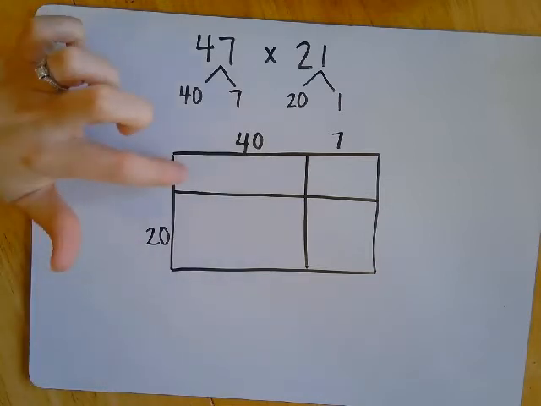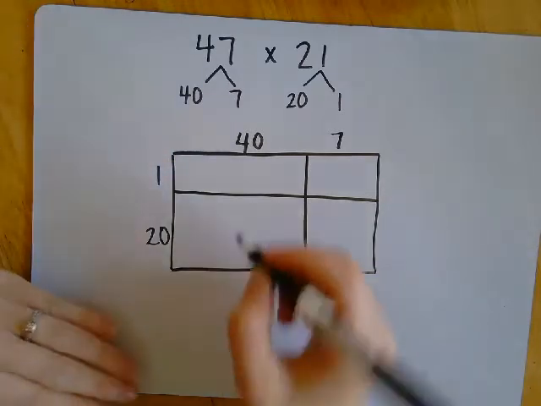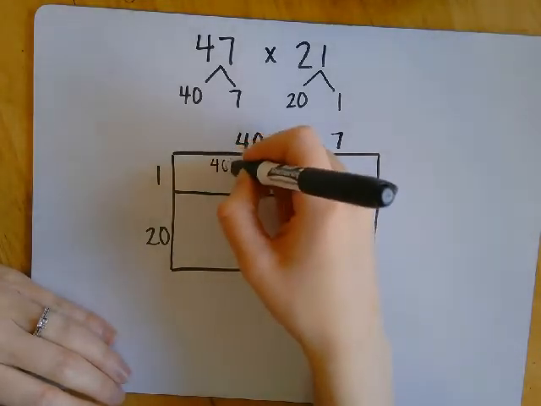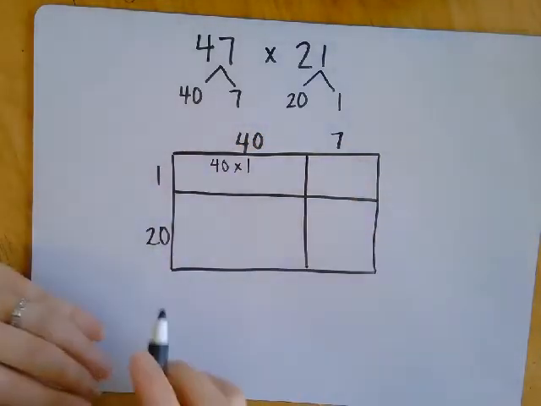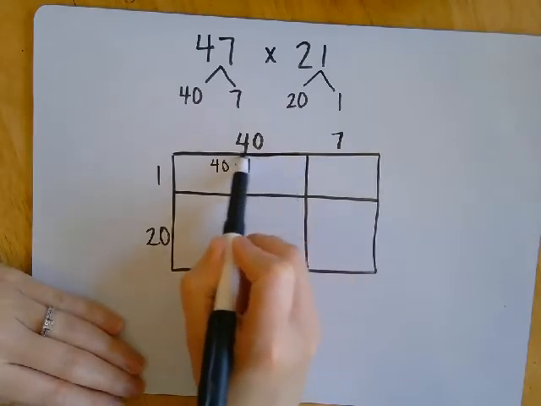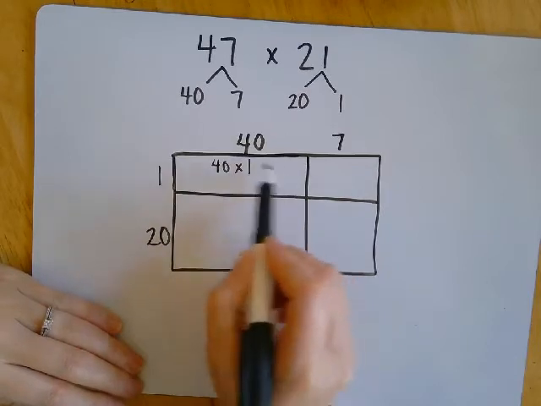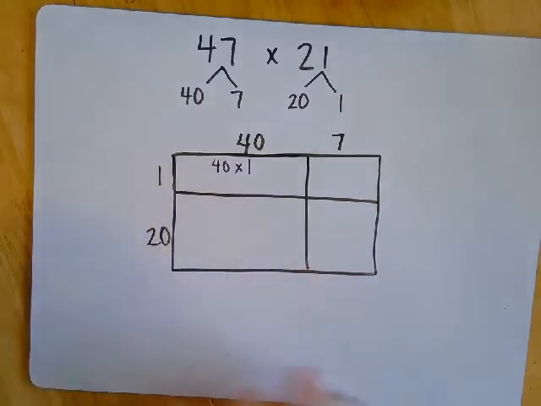If I look at this first square, I know that I will need to multiply 40 times 1. This length is 40, and this length is 1. So in order to get the area for this part, I need to multiply 40 times 1.